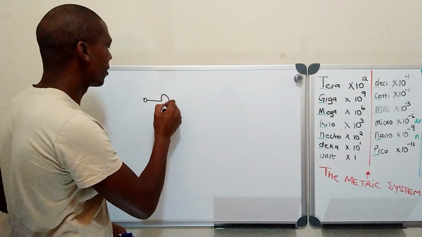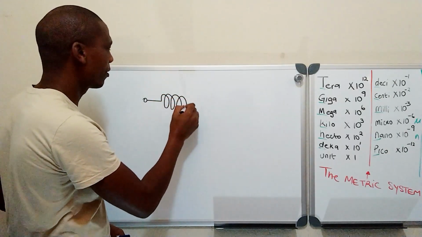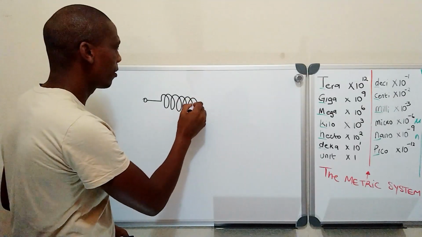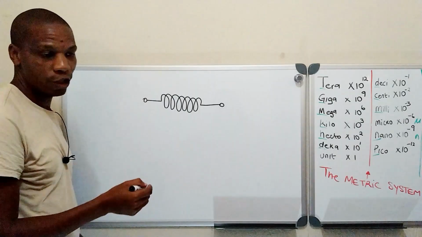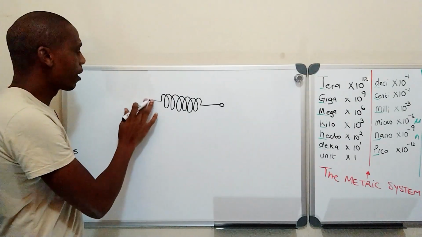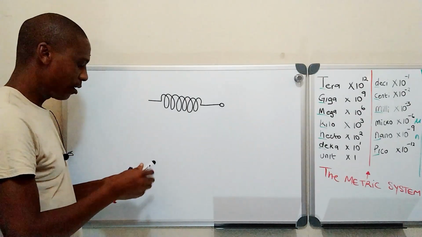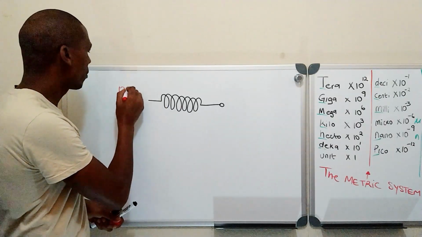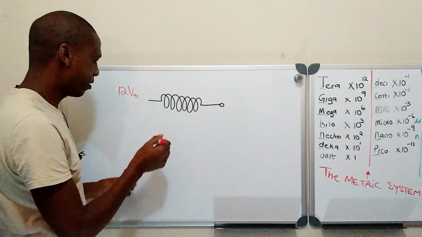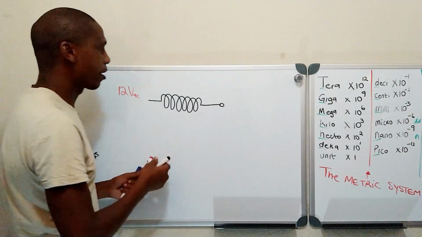okay, let me draw the 3D one. Something like this. There's the echo one. Now on the inductor, let's say you supply this inductor with 12 volt AC, and then you ground this side.